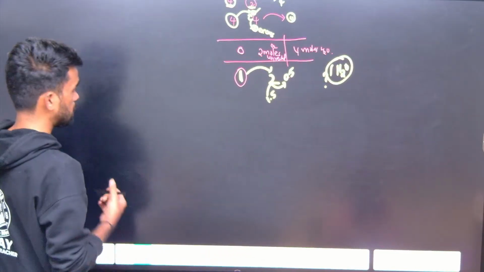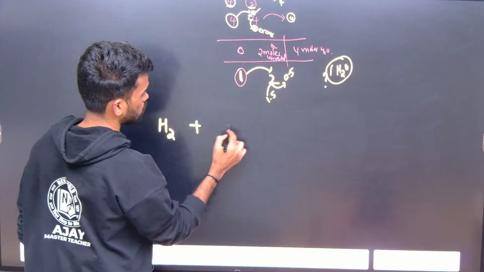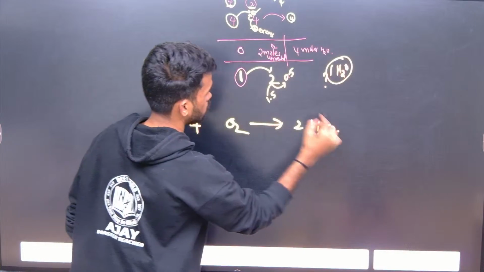Look here, same example only I am writing, H2, O2, 2H2O.